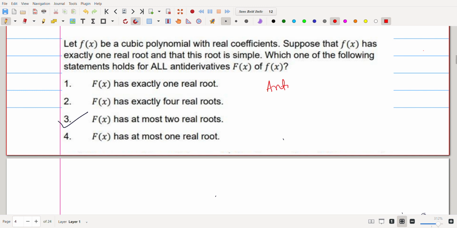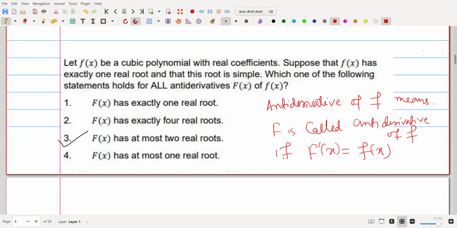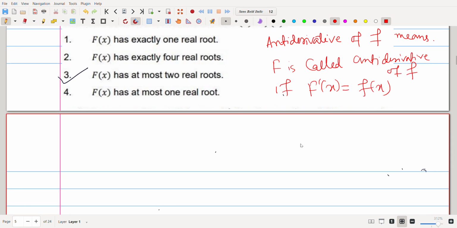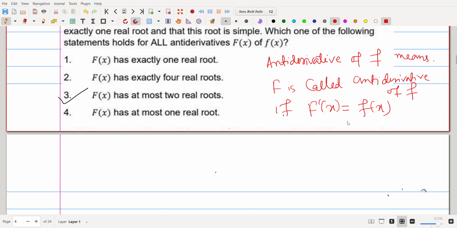So antiderivative of small f means capital F is called an antiderivative of small f if capital F prime(x) is small f(x).